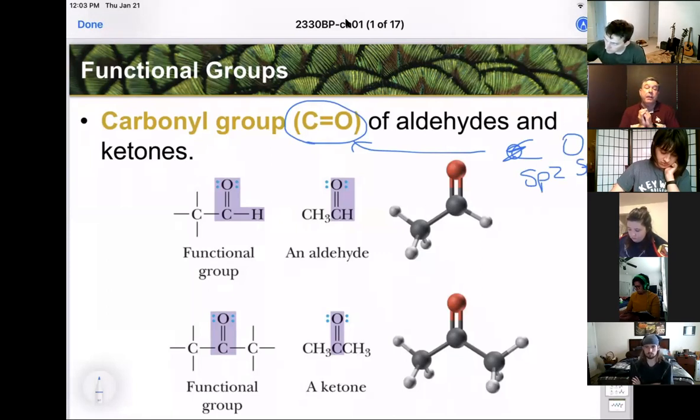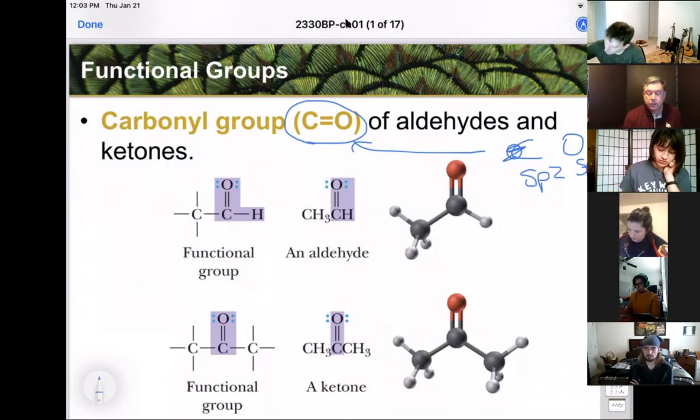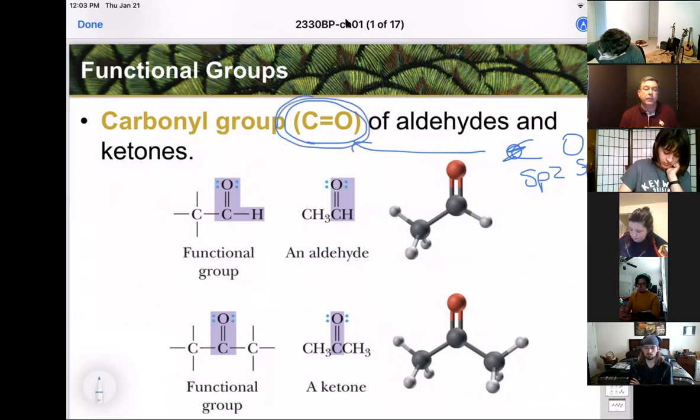That means we have a pi bond between that carbon and oxygen. And this gives it some really cool functionality, because depending on what you hook to that C double bond O, it tells you a bunch of different types of functional groups. So the carbonyl group actually has multiple functional groups associated with it.